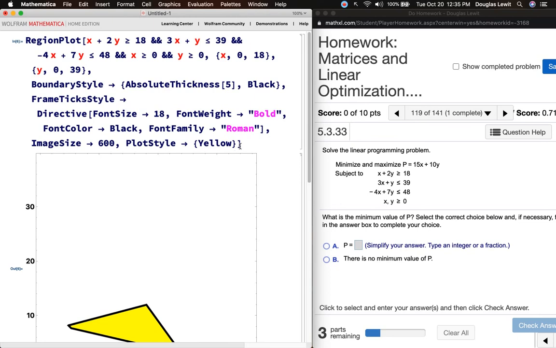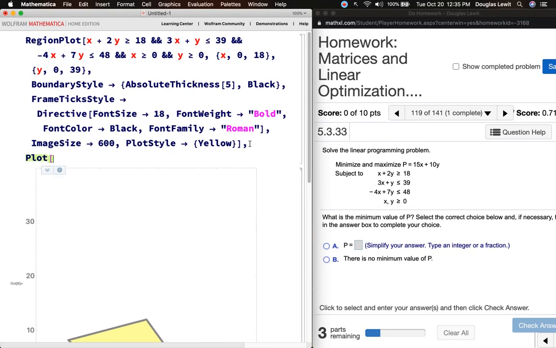So in order to do that, I need to plot these lines. Now, when you're plotting the lines, you're only going to plot the dependent variable in terms of the independent variable, which is usually going to be the x variable. So for here, for example, you would have 2y is equal to 18 minus x.